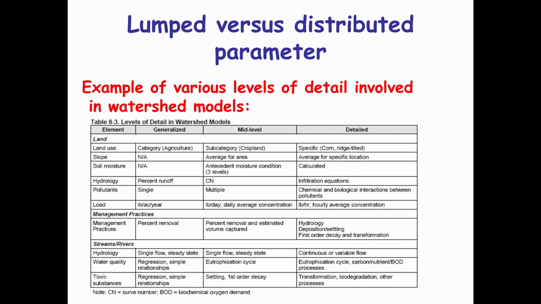But again, the sub-areas may be fairly large, so you wouldn't be able to break things down any further with the lump parameter model. Whereas the detailed model looks at very detailed reactions with a chemical and can get you information at the very small scale.